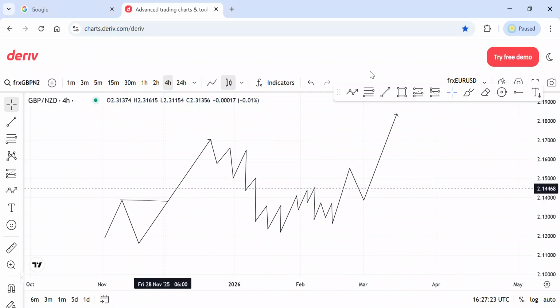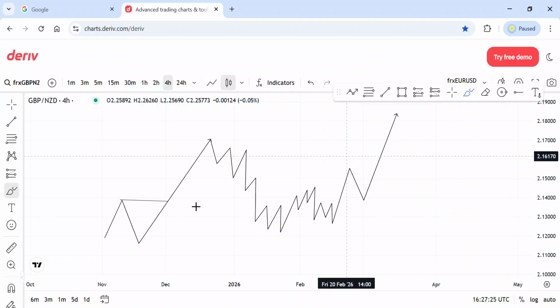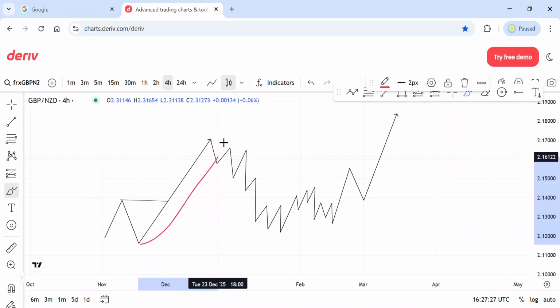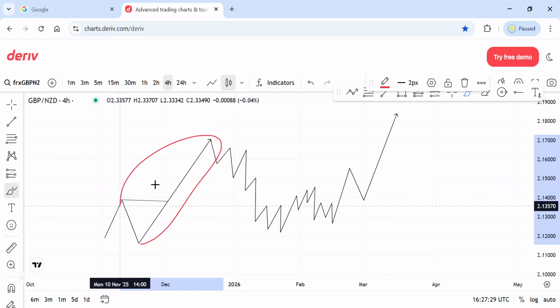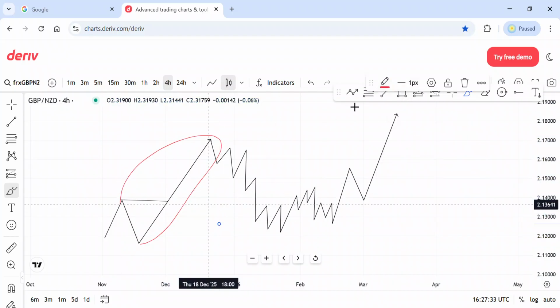So as you can see, this is our 4 hours time frame. This one here, from here to here, is our 4 hours trend. Okay, so just count it as the 4-hour trend.